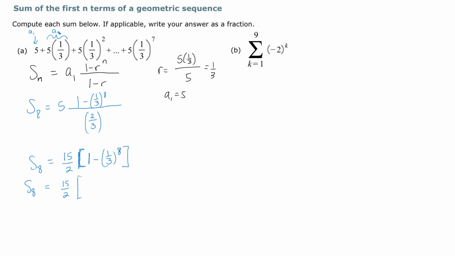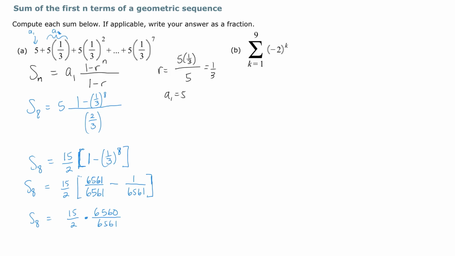Let's see here. Common denominator, 6561 over 6561 minus 1 over what? 6561. There we go. So we have 6560 over 6561. And of course we could reduce some common factors here.